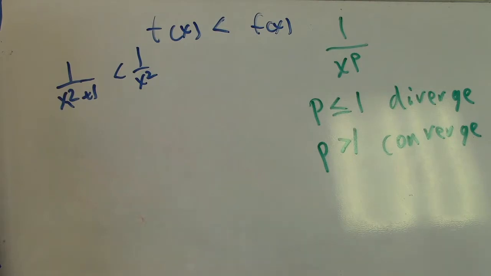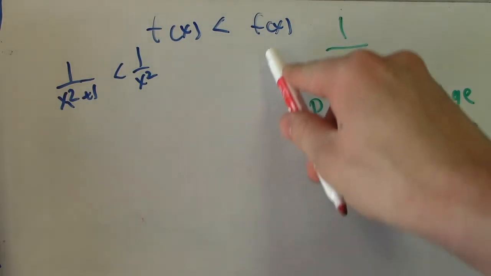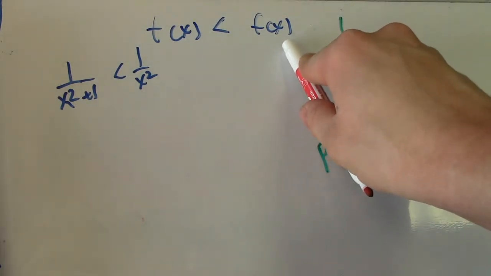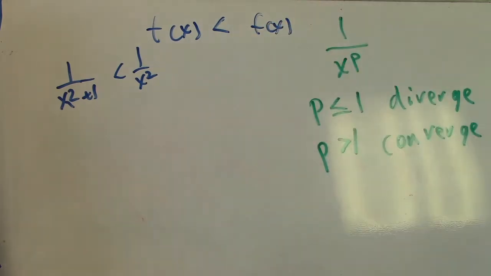Now, this shows convergence, because if the larger function converges, then of course the smaller function must also converge. However, if the larger function diverges, that doesn't tell us anything about the smaller function. So there is another direct comparison test for divergence, which is essentially just the opposite.